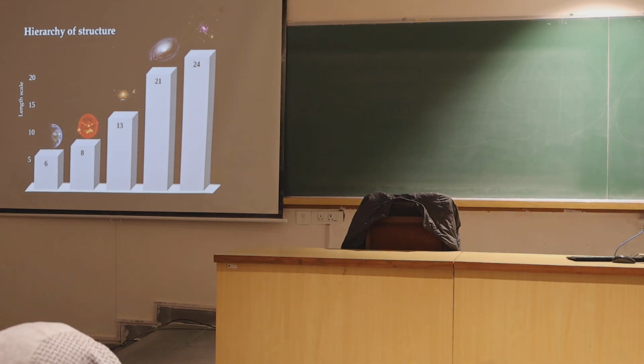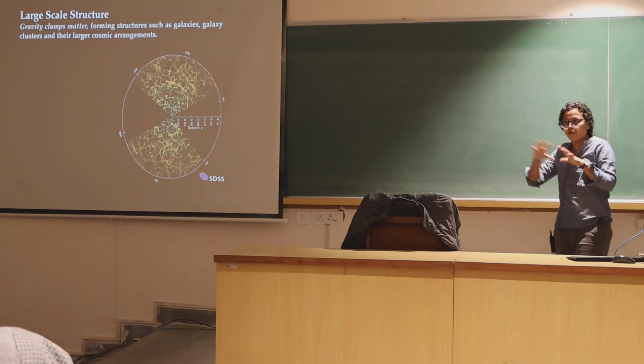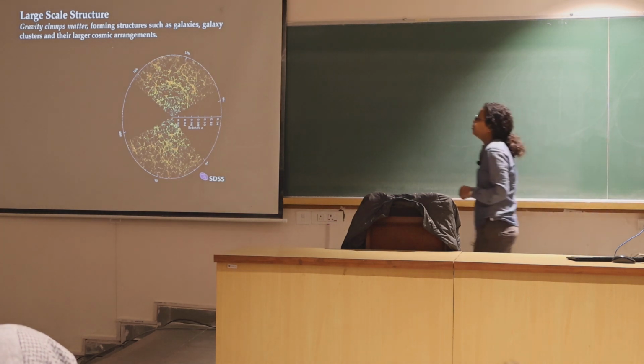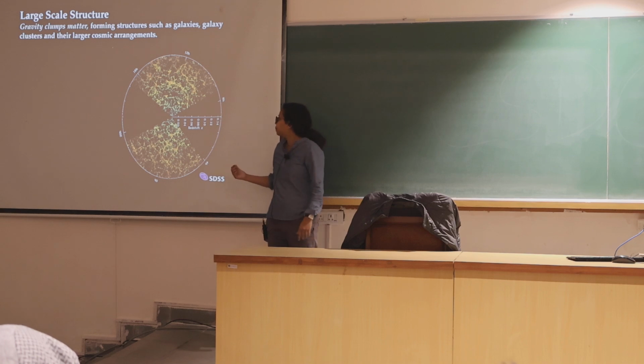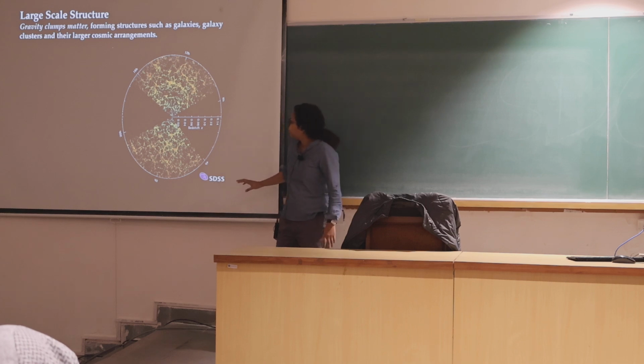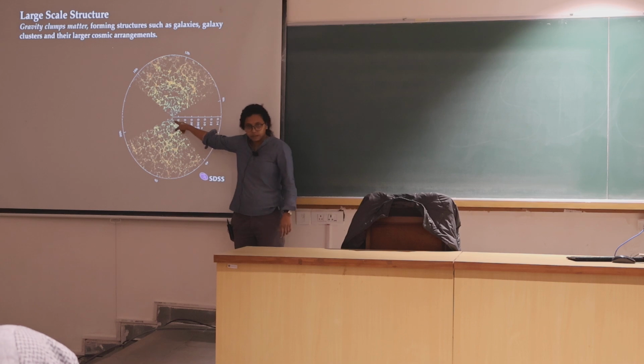When the astronomy and cosmology community tried to map such structure through observation, many surveys did this task, and one of them is called SDSS, the Sloan Digital Sky Survey. This is an image from SDSS. We are here at the center; this is our observing location.